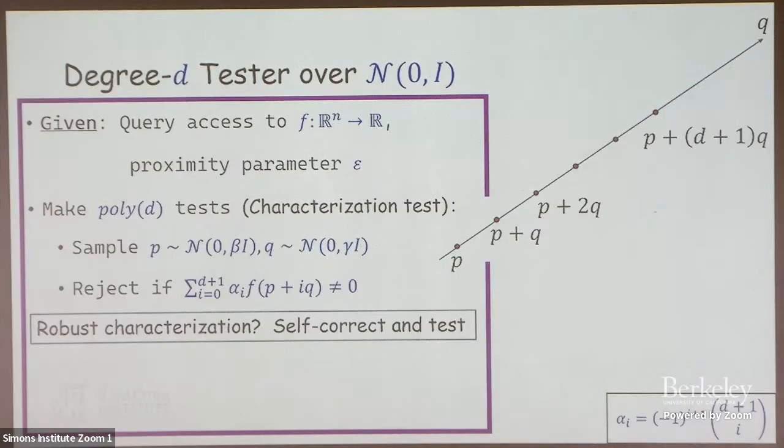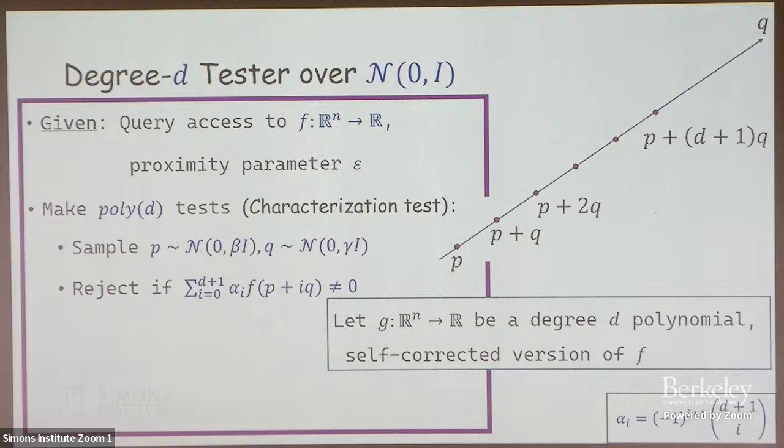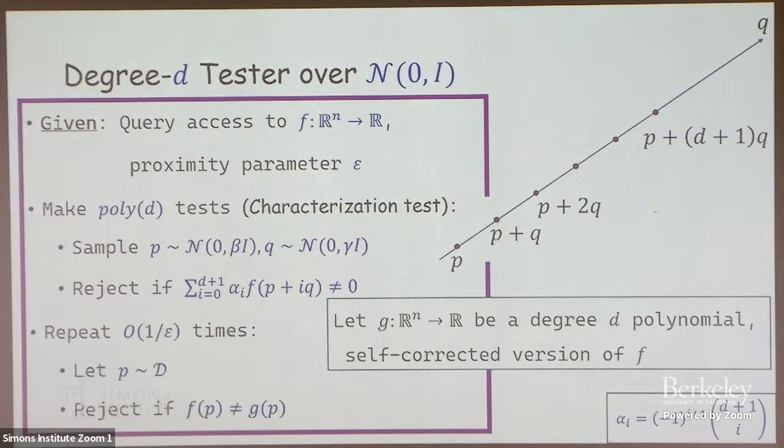Okay, so let's go back to our tester. We did some characterization test, and we want to use a self-correcting test. So let us define such a g that is a self-corrected version of f, and is a degree d polynomial. Now we can just do the test of repeating and checking whether f and g are equal. So let's see what we want from this g.